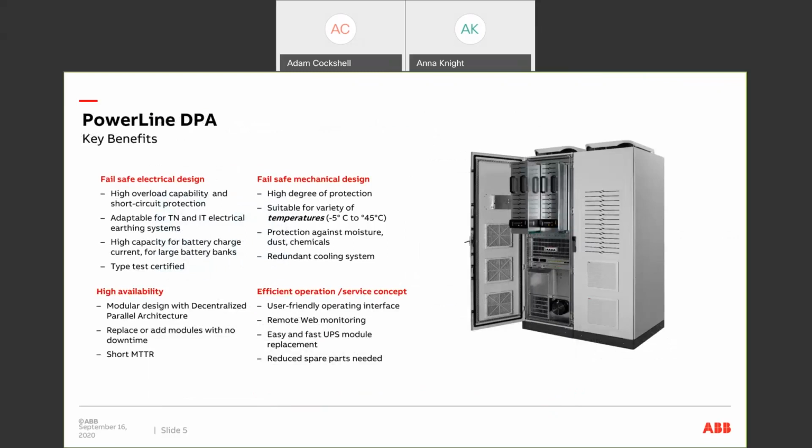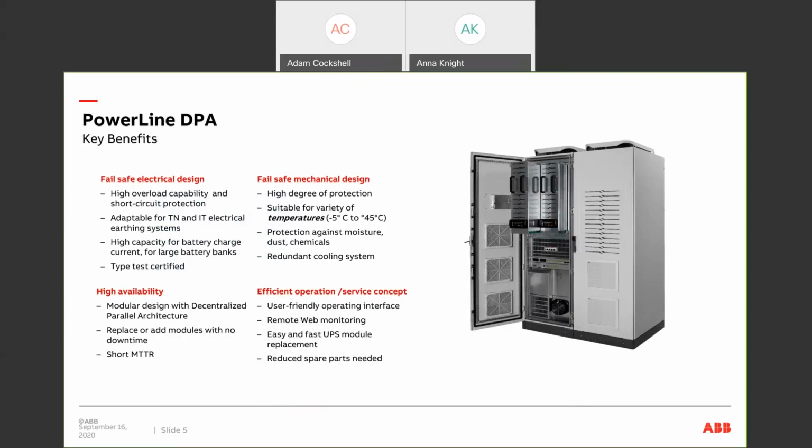Just running through the key benefits here, I'd like to really highlight the temperature that we can run this unit in, up to 45 degrees without derating. These are unity power factor modules, either 20 or 40 kilowatt modules.